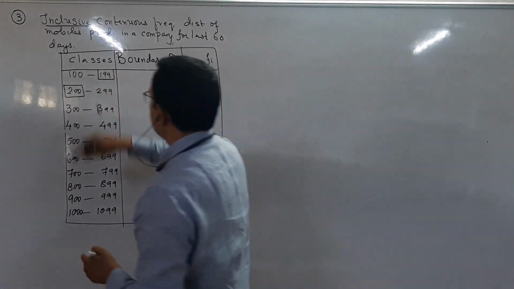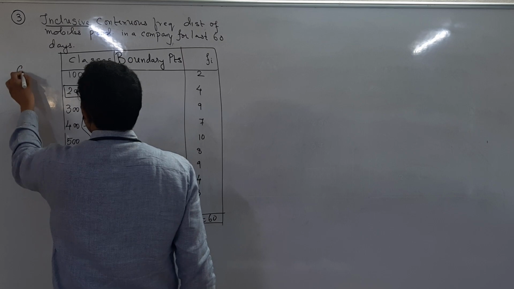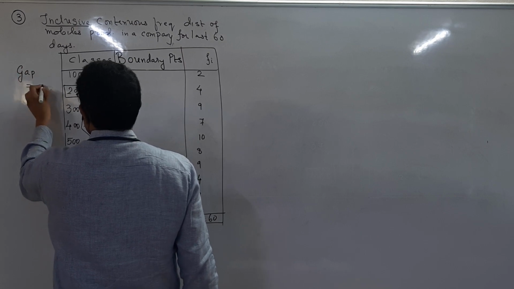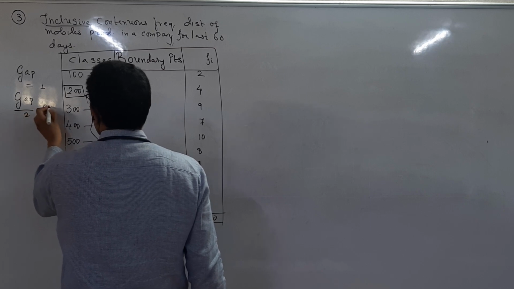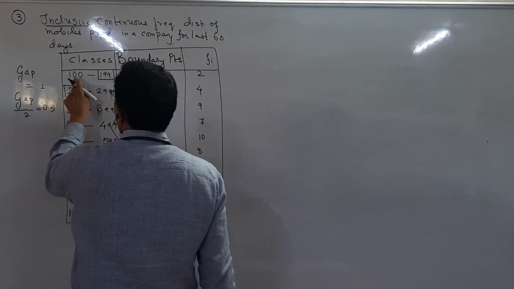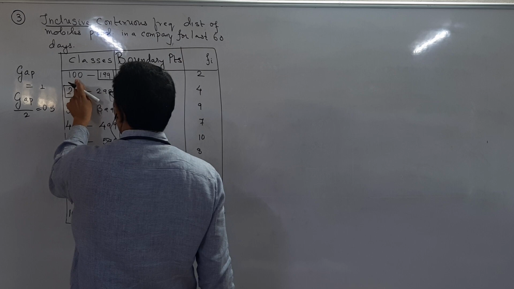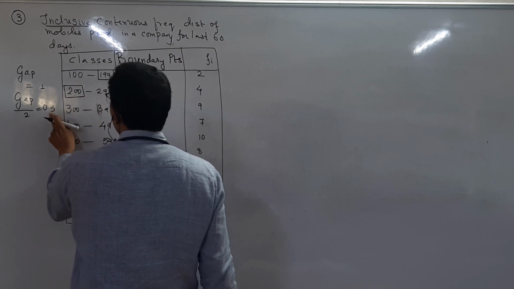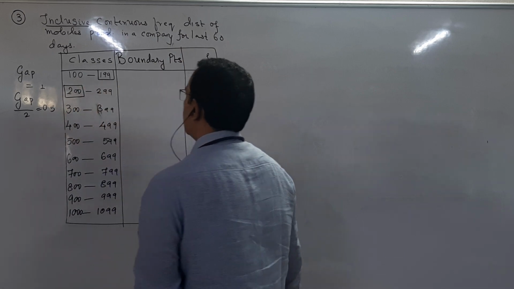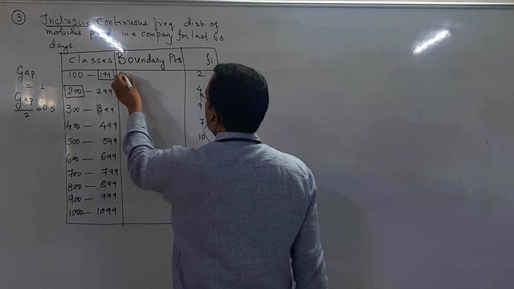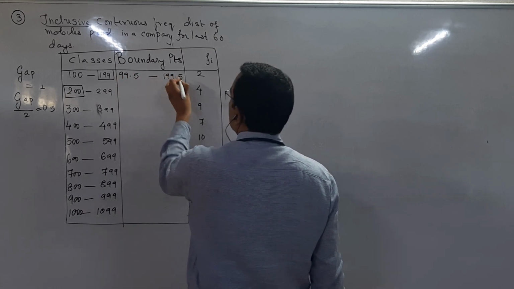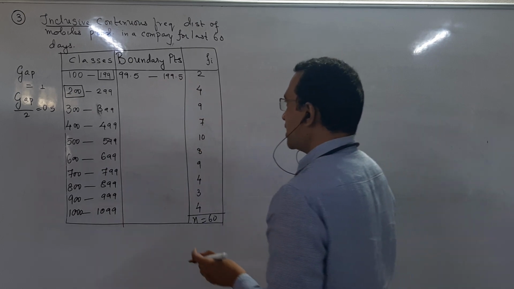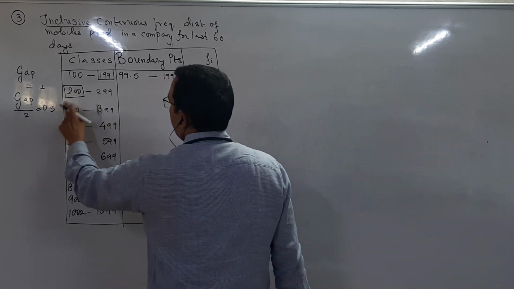So half of gap is 1, half the gap is 0.5. So subtract 0.5 from 100 to get lower boundary point and add 0.5 to 199. So our first boundary points will be 99.5 to 199.5.